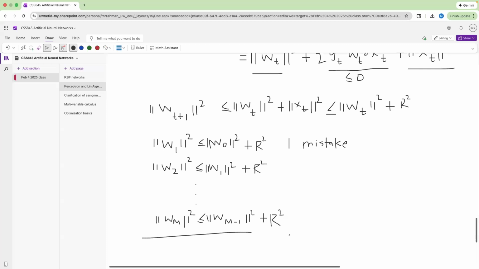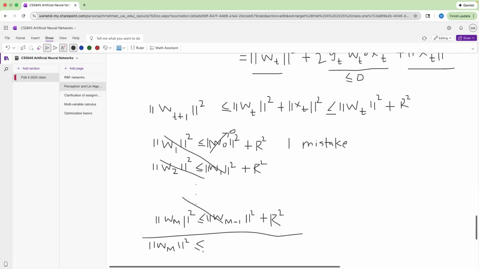And now if I add up all these equations, we know that this is 0. And then this and this cancel, this and this cancel, this will cancel, and we are only left on the left hand side with ||Wm||².